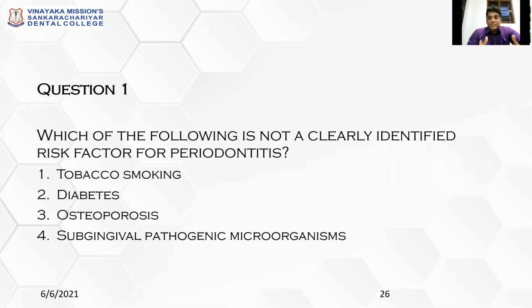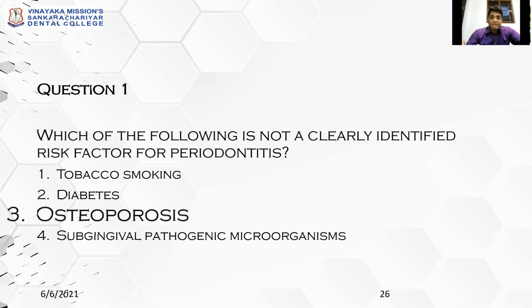As for osteoporosis, it is a risk indicator, determined by a cross-sectional study and not a longitudinal study. Osteoporosis can't cause periodontal disease; periodontal disease can be seen in osteoporosis patients. So the answer is osteoporosis.